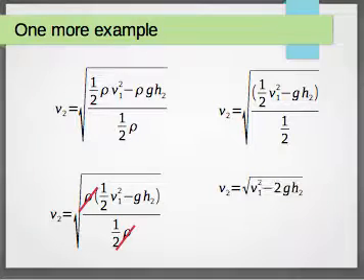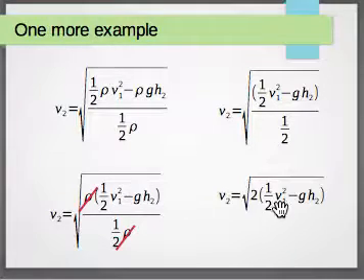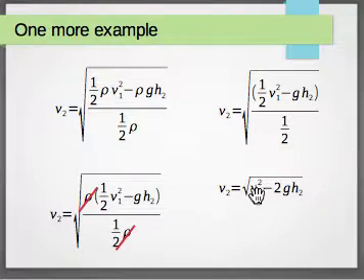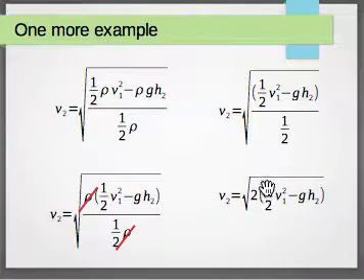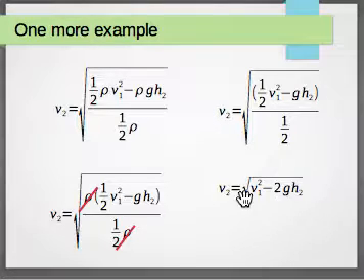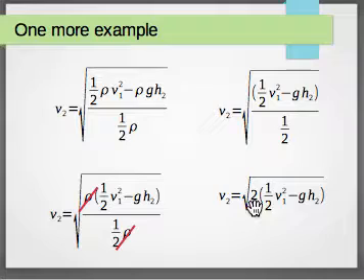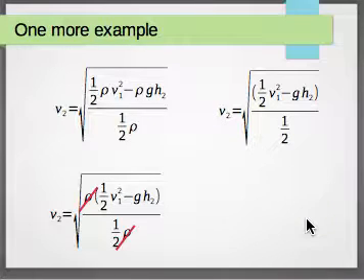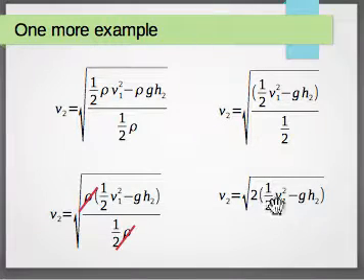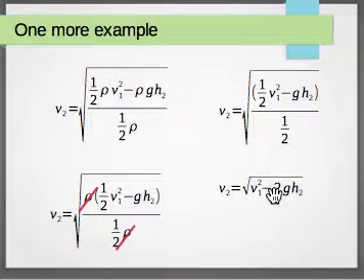When you multiply the 2 times the 1/2, 2 times 1/2 is going to be 1. That's why we just have this term, the v1 squared. And then when you multiply 2 times g times h2, it's going to be 2gh2, which is a great advancement, isn't it?